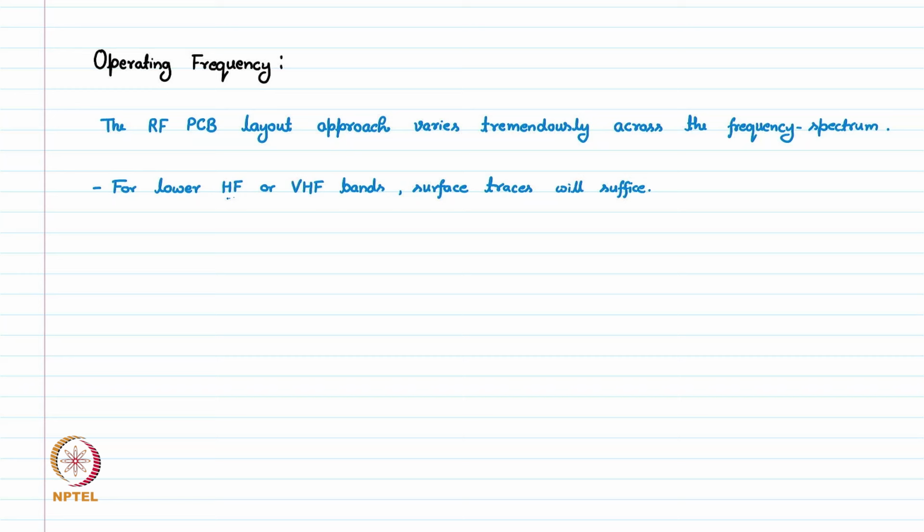HF is the high frequency and VHF is the very high frequency band.